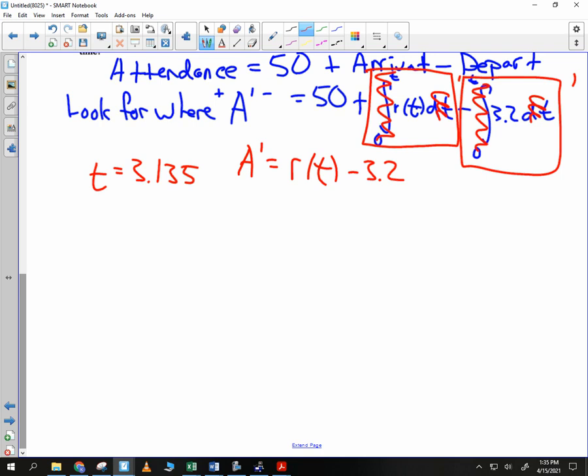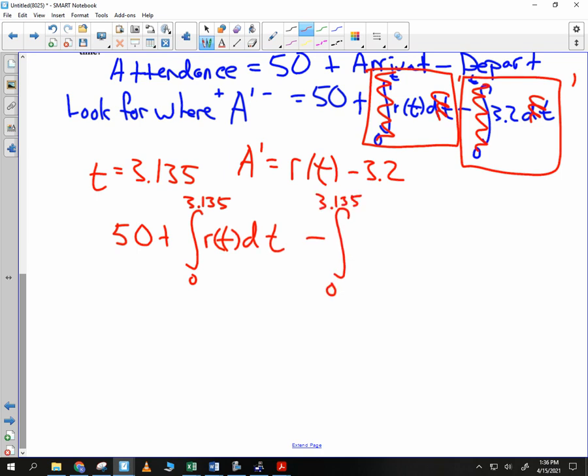So if I actually want to figure out the number of people, I have 50 plus the integral from 0 to what time? 3.135, minus the integral from 0 to 3.135 of 3.2 dt.